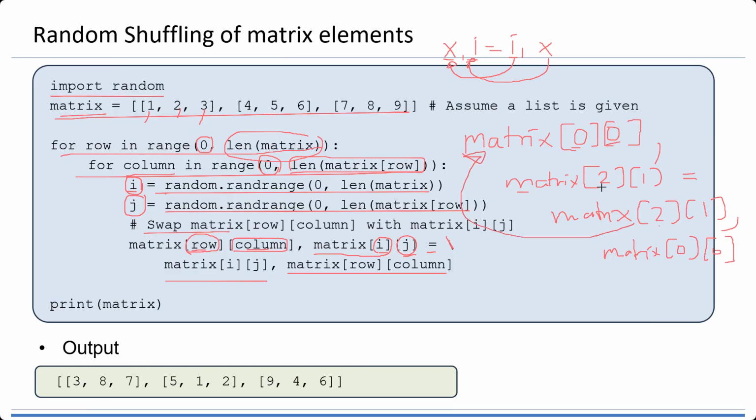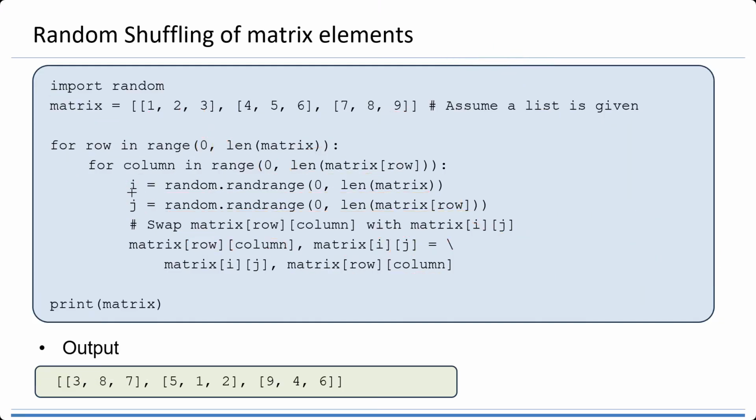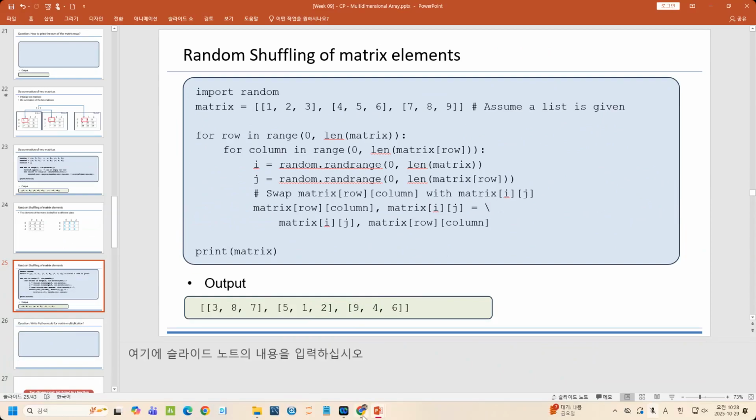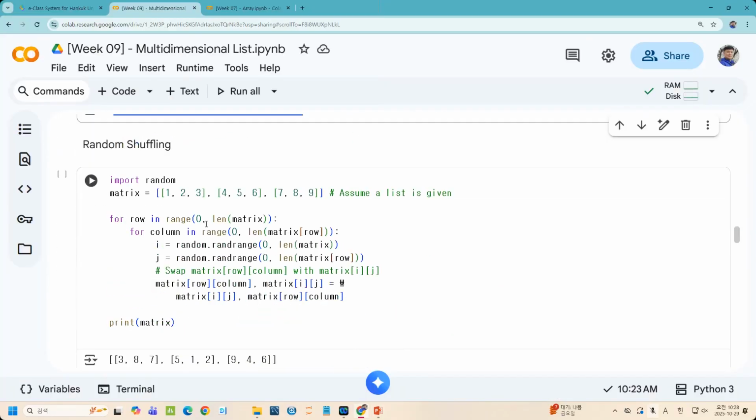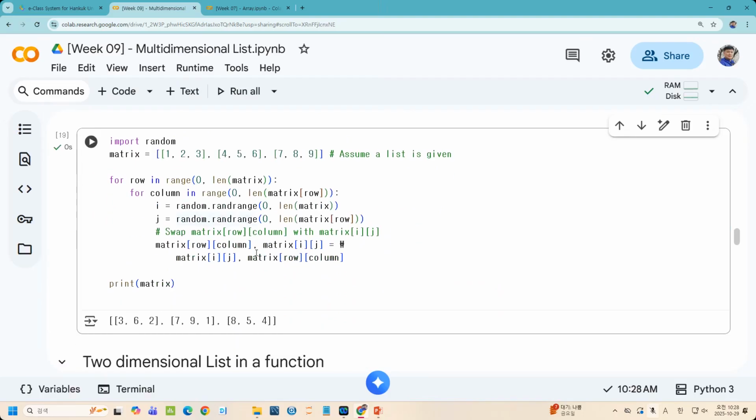And the matrix at position 2, 1 will be updated with the value in matrix position 0, 0. So it will be updated in this position. And so on, we will do this for every row and column. And the i and j are always random values.